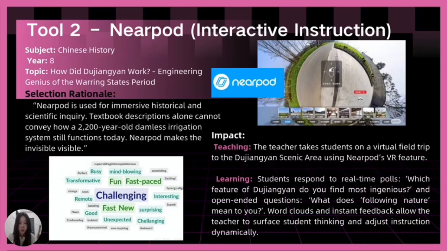Which feature of Dujiangyan do you find most ingenious? And open-ended questions. What does following nature mean to you? Word clouds and instant feedback allow the teacher to surface students' thinking and adjust the instruction dynamically.